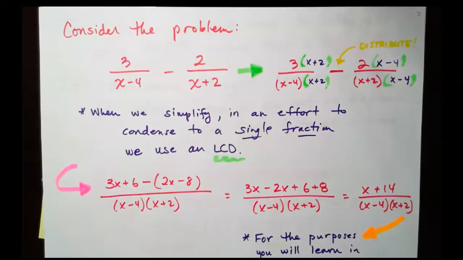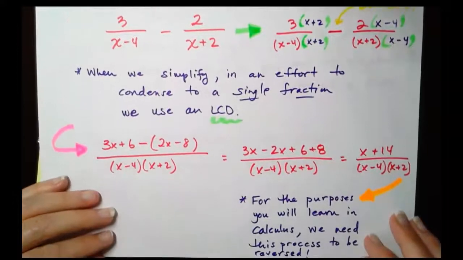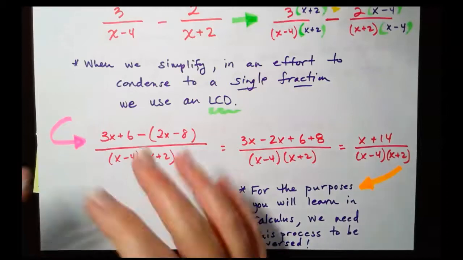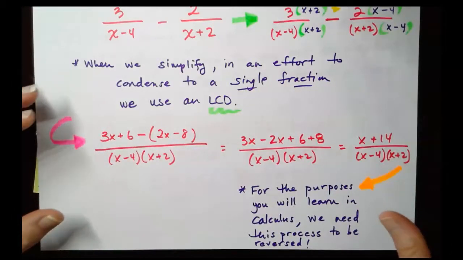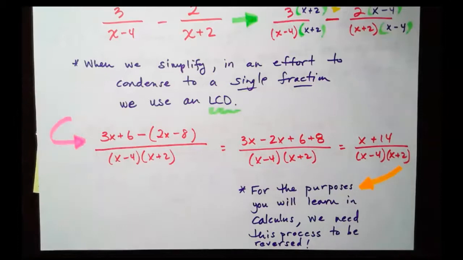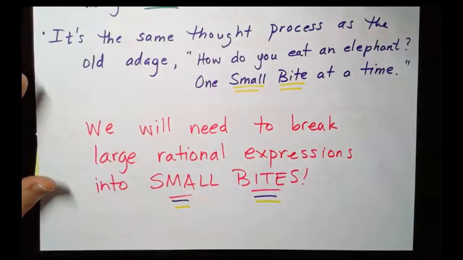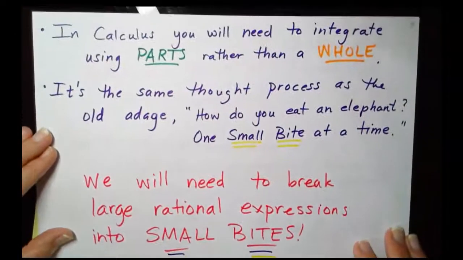So normally when we're simplifying, our efforts are to condense and to get a single fraction using that LCD. And we need to be able to reverse this process. Like I said, that is for calculus. This is what we did in the first homework assignment. We simplified using a common denominator. So that should be pretty nailed down at this point.